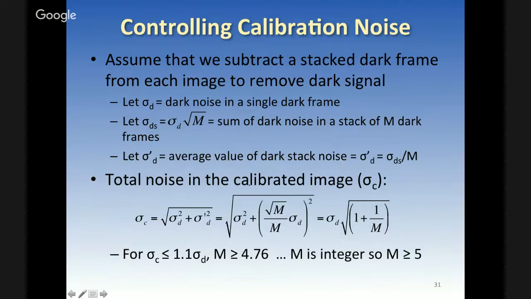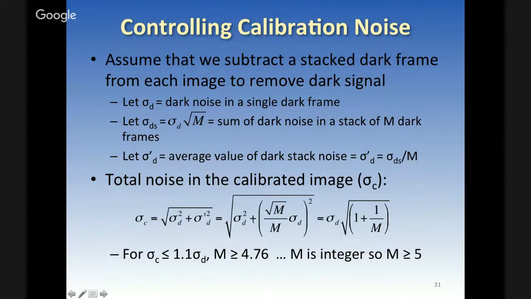So the total noise in the calibrated image, and again, this is the same statistics that I've been talking about, we're going to add in quadrature the noise from the dark frame in our basic image, plus the noise from the stack of dark data frames. That's sigma sub d, and we're going to square that.